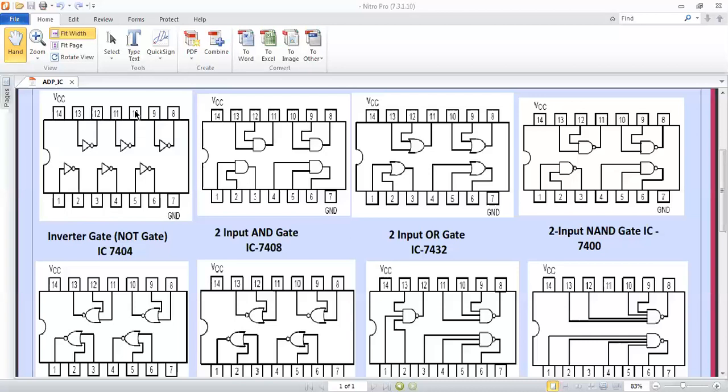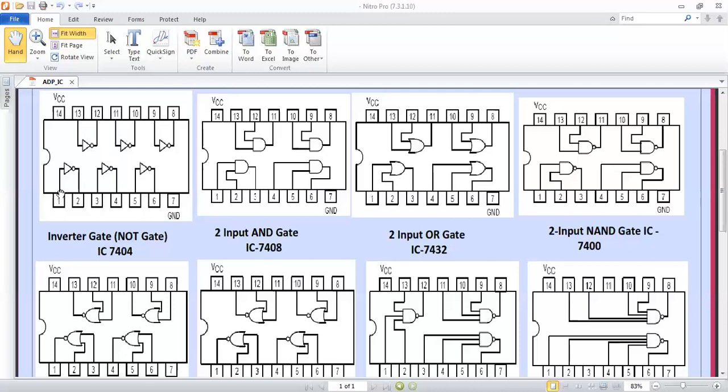That is the last pin. Pin number 7 is called ground, and pin number 14 is called VCC. It means we provide 0 voltage here and plus 5 volt VCC here to activate the IC.